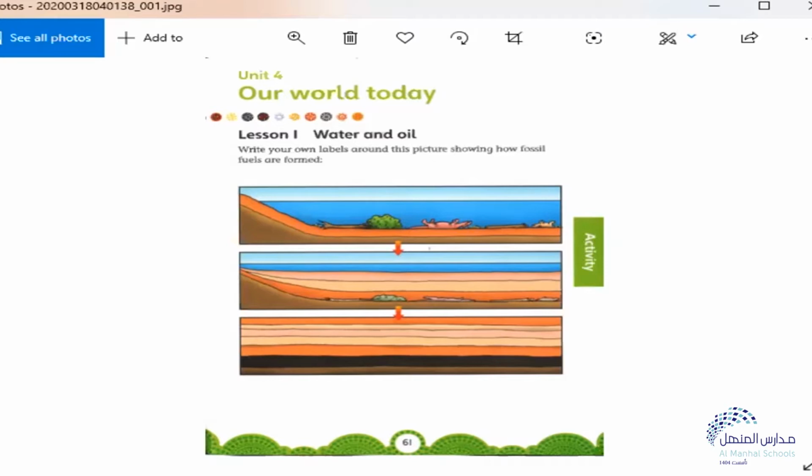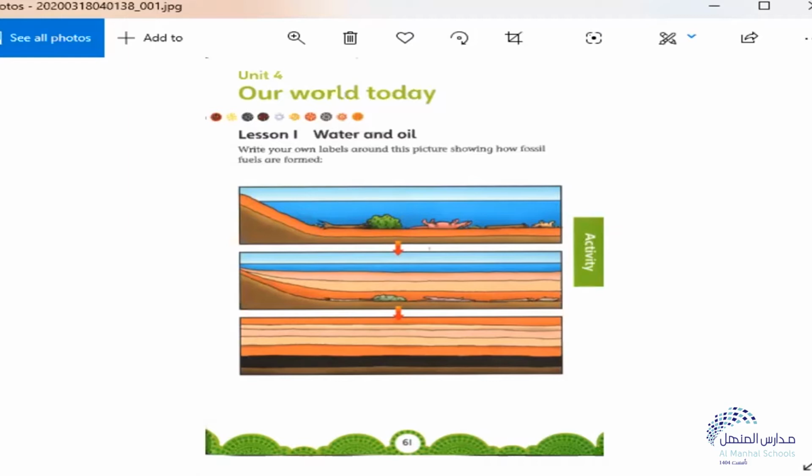Then the second part of the picture. There's again the topsoil. Then you get a layer of mud, which you call sediment, layers of mud and sediment over the ground.